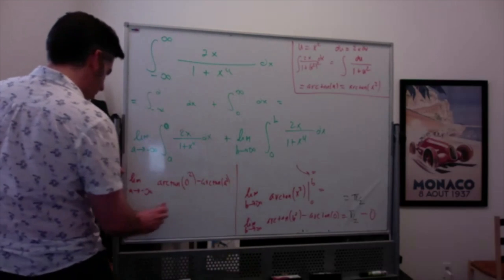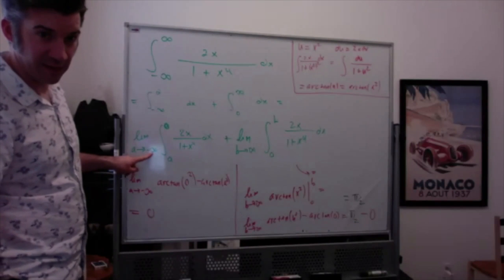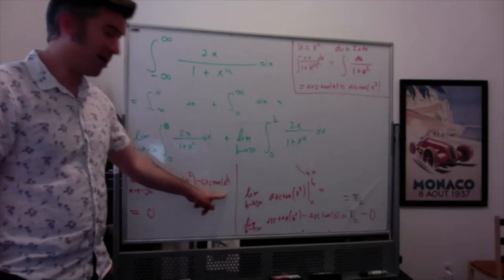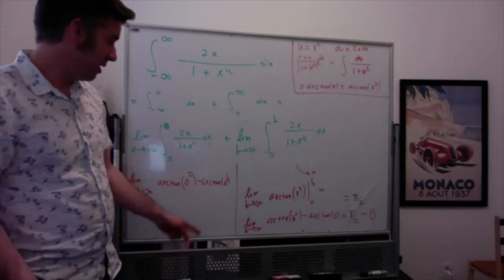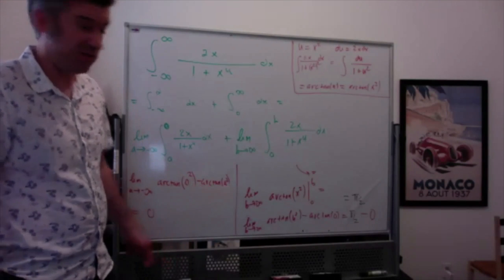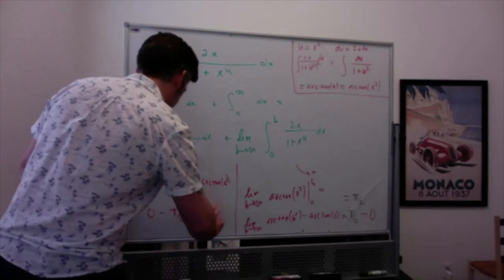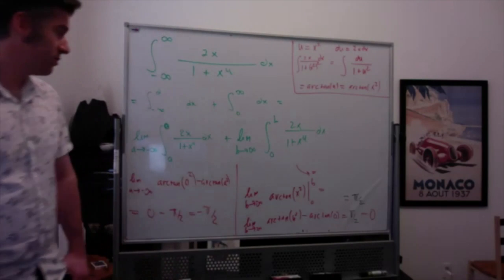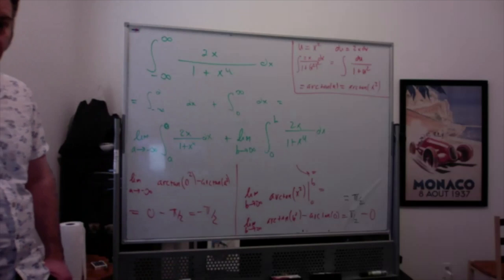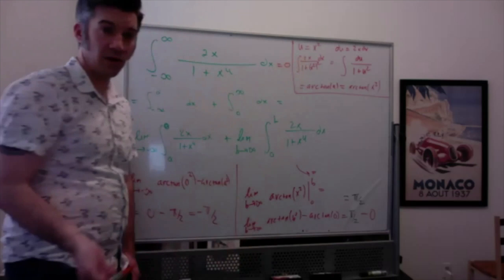Arctangent of 0 is 0. And as a goes to minus infinity, a squared goes to positive infinity, and the arctangent of something infinitely large, again, is going to be pi over 2. So this is going to be 0 minus pi over 2, which is negative pi over 2. So my total answer is that this thing converges, and it converges to 0.